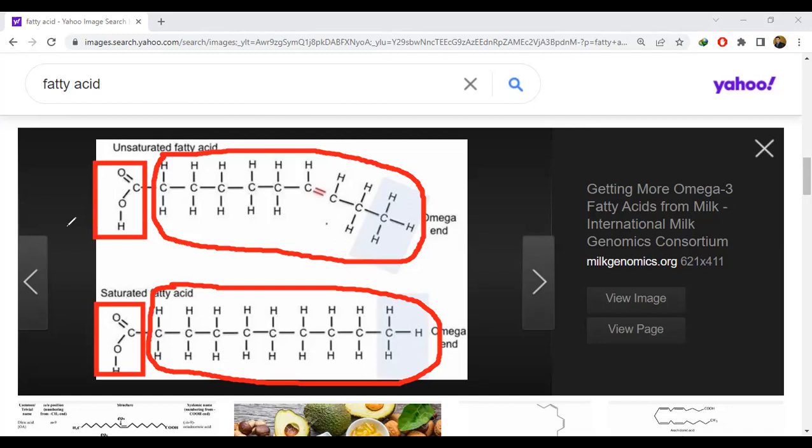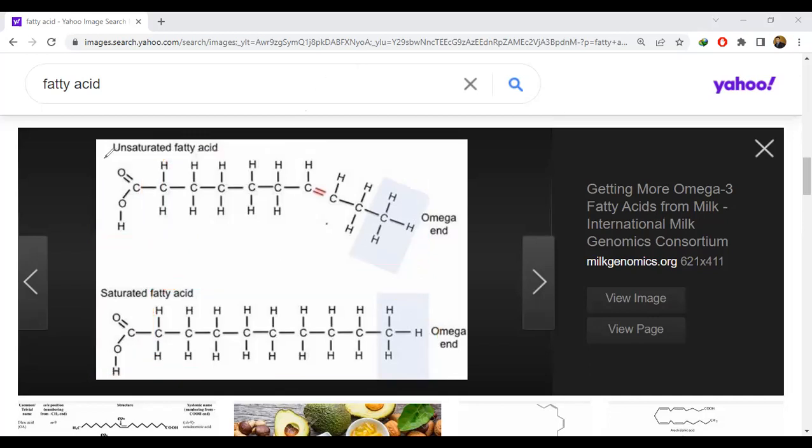If all the carbon bonds in the hydrocarbon chain are single bonds, then it comes under saturated fatty acid. Clear? Yes, sir.